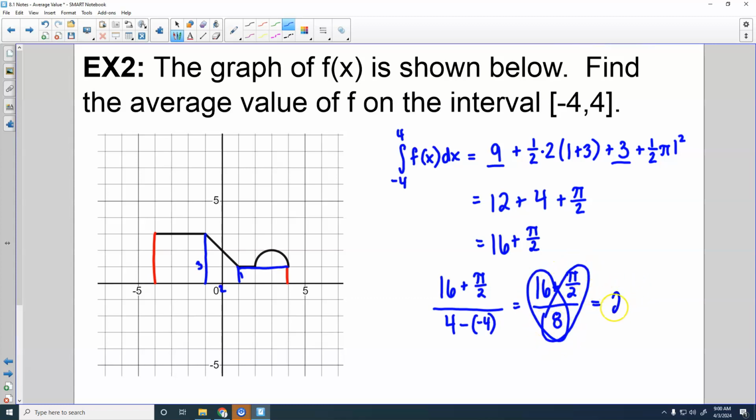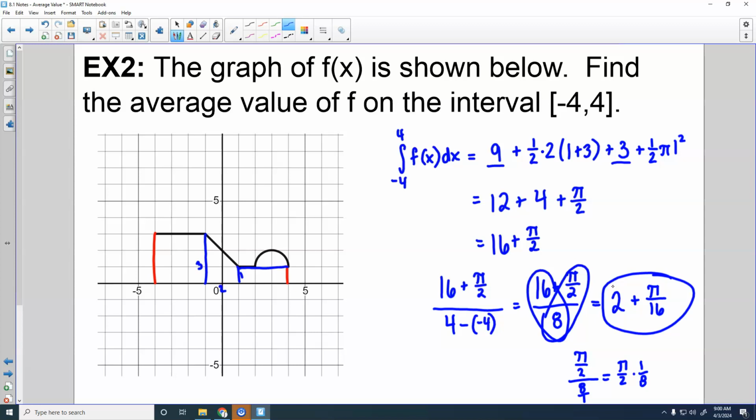So you would get 2 plus pi over 16, because you'll be doing pi over 2 divided by 8, which is like 8 over 1. So that is pi over 2 times 1 over 8, which is going to give you pi over 16. And that would be your average value of f.